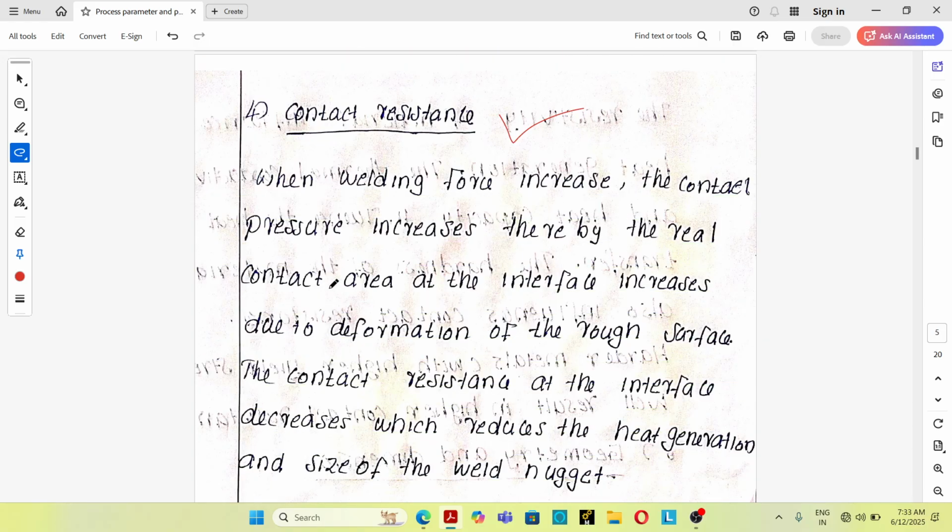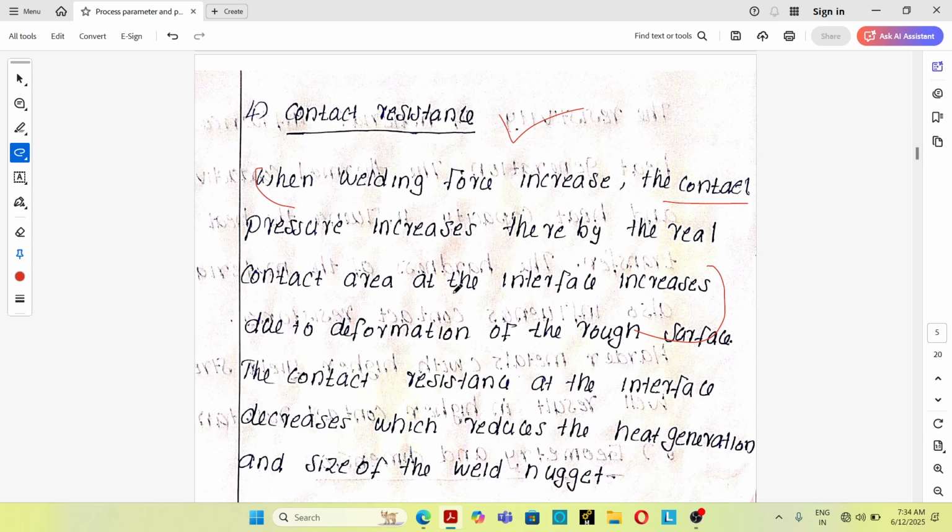So fourth one is contact resistance. See, when the welding force increases, the contact pressure increases, thereby the real contact area at the interface increases. That's the important point. When the welding force increases, the contact pressure increases.